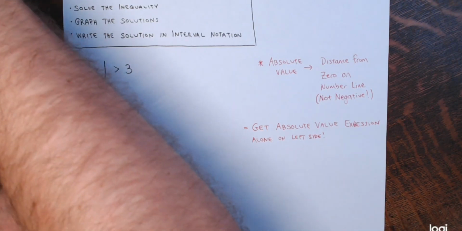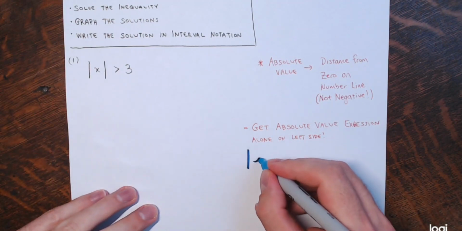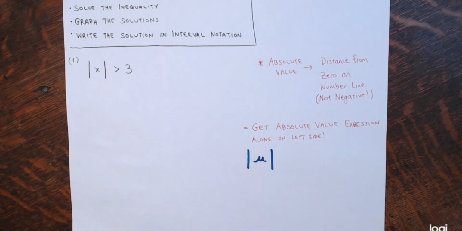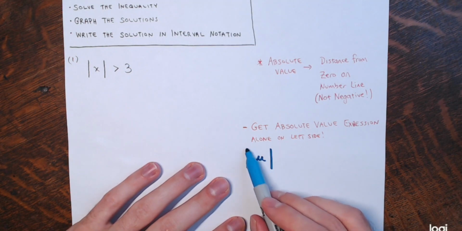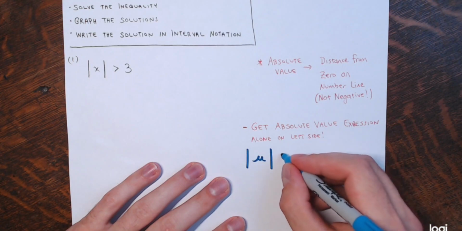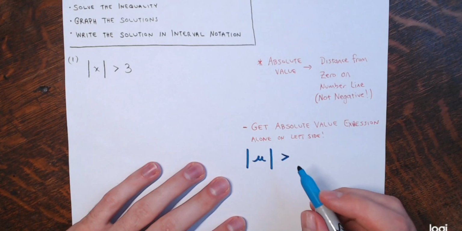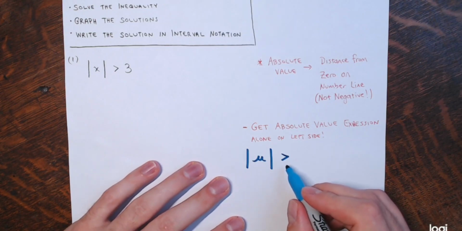We'll see the absolute value of some expression, which in this intermediate algebra textbook, from OpenStax, they're representing an expression by the letter u. So I'll have this, the absolute value of some expression, some number u, is greater than, right, all the inequalities in this video will have is greater than or is greater than or equal to. Right.